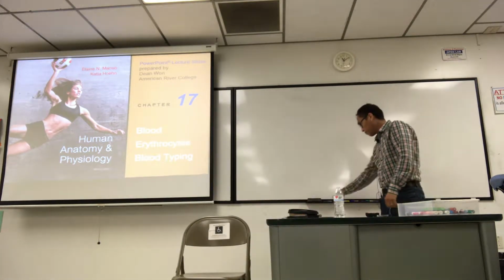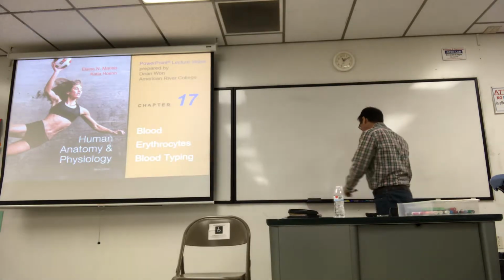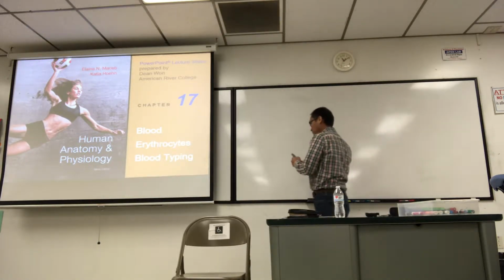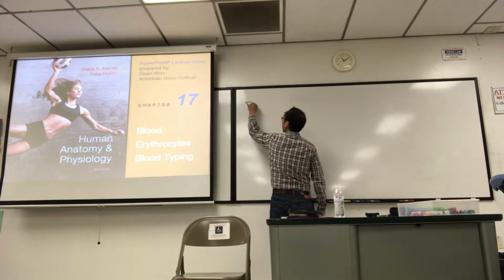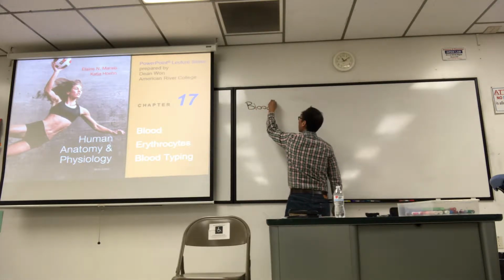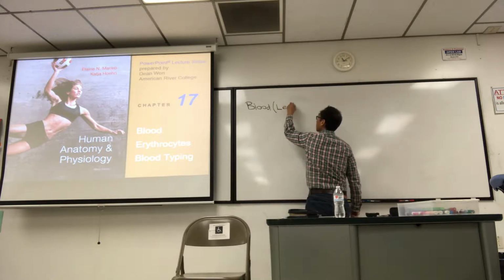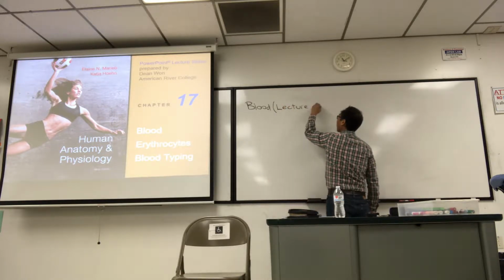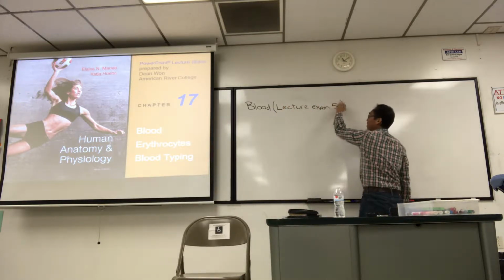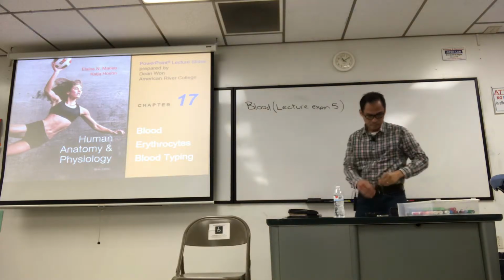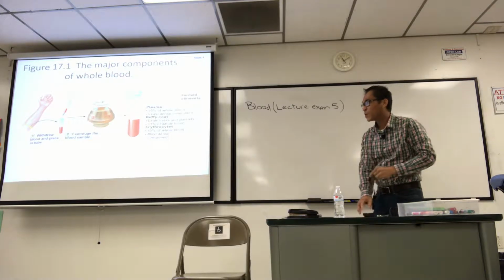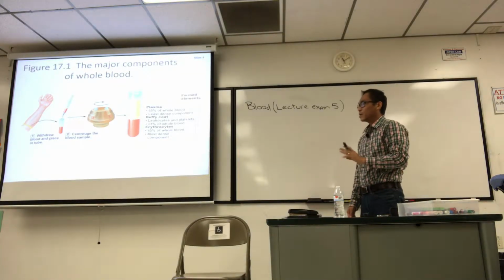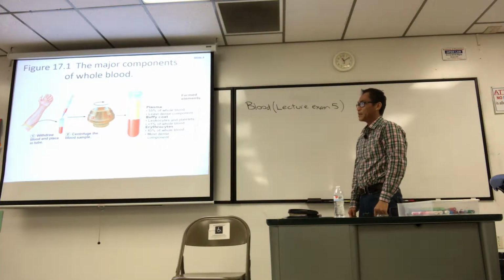We're going to start the blood chapter, which is covered on lecture exam 5. The blood components can be seen by doing a blood draw, doing a light centrifugation, and you can spin the formed elements down, the more dense components of blood.